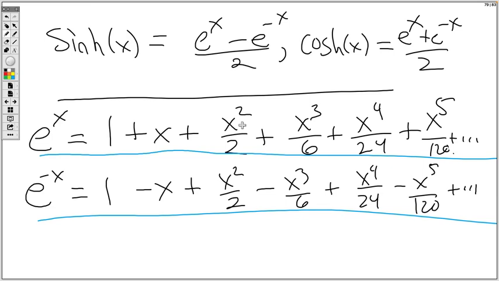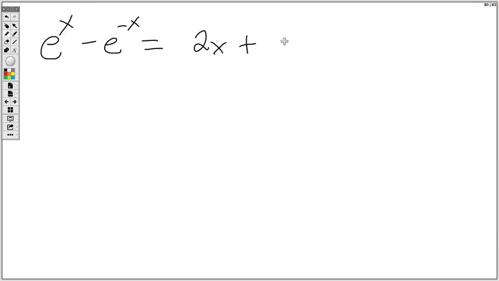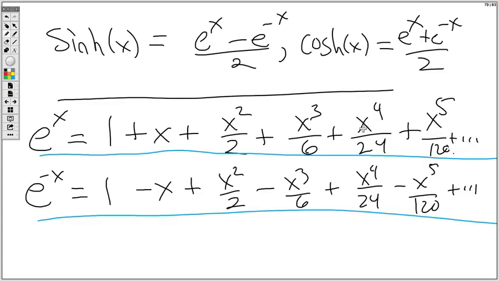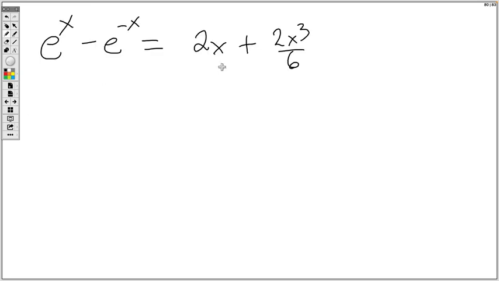I'd have x squared over 2 minus x squared over 2, which is 0. I'd have x cubed over 6 minus x cubed over 6. That would give me how many x cubed over 6? I'd have x to the 4th minus x to the 4th, which would be 0. x to the 5th minus negative x to the 5th. That would give me what? 2 of them.